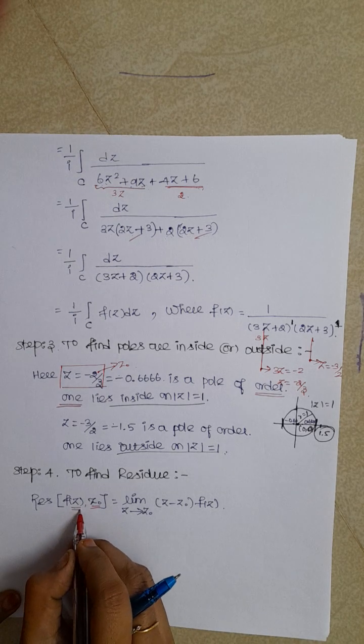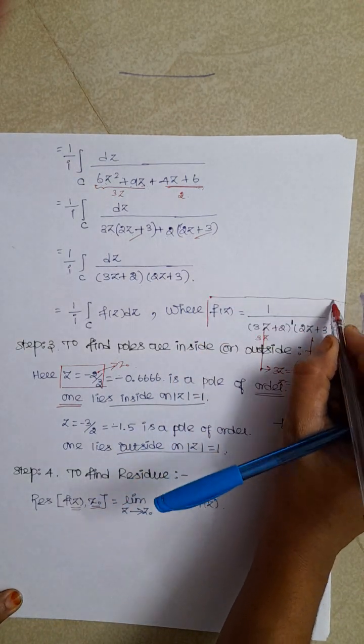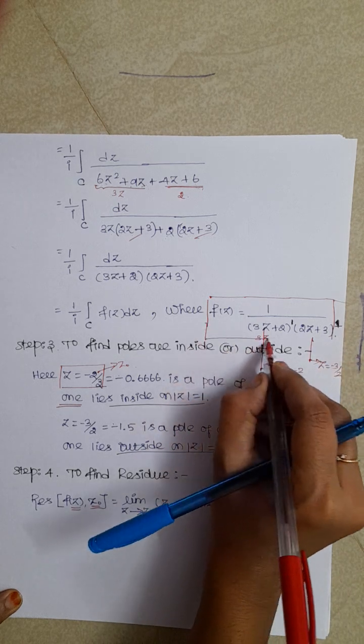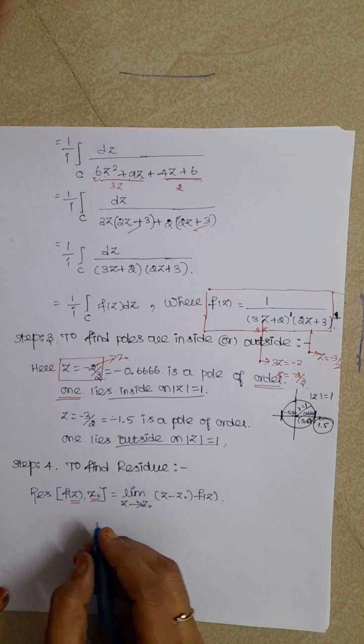Okay, so next f(z). f(z) is 1 by (3z plus 2) into (2z plus 3). Substitute here.